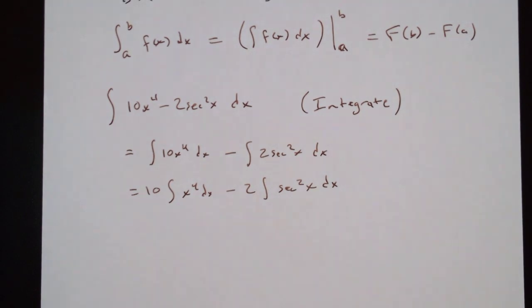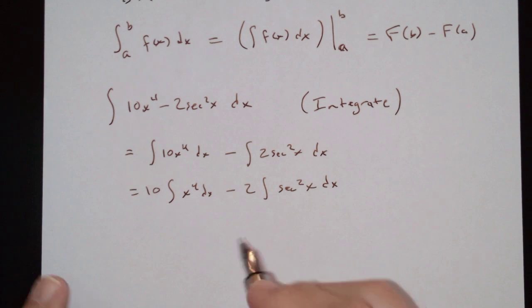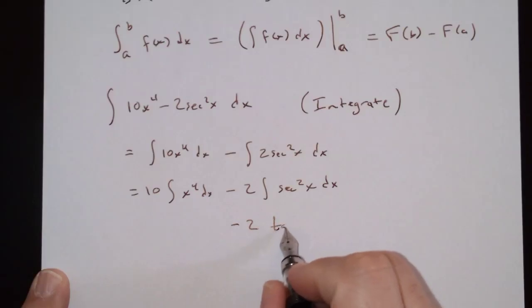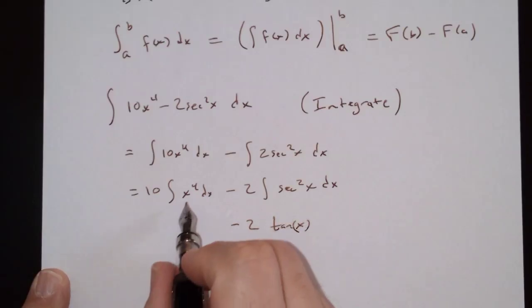What's something whose derivative is secant squared x? Bingo. What about x to the fourth?